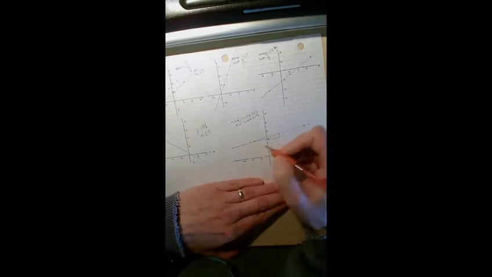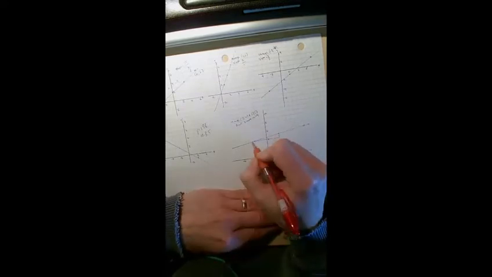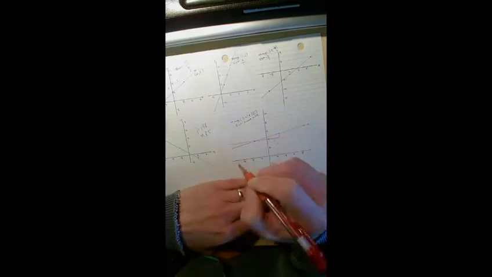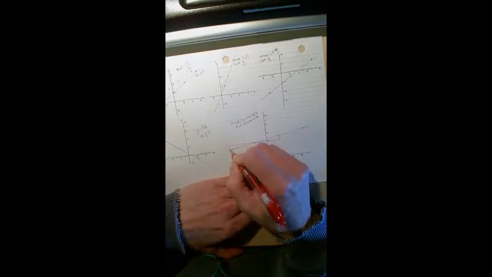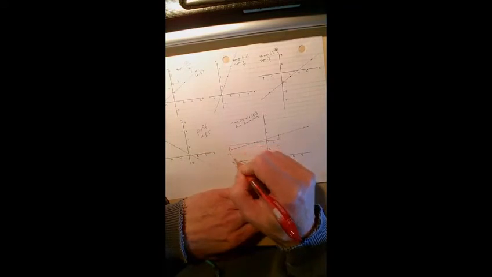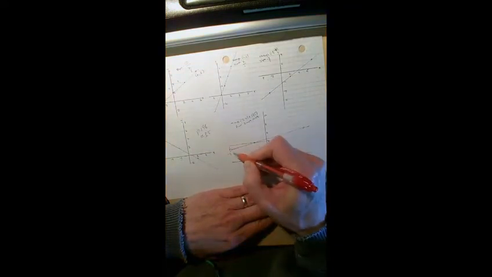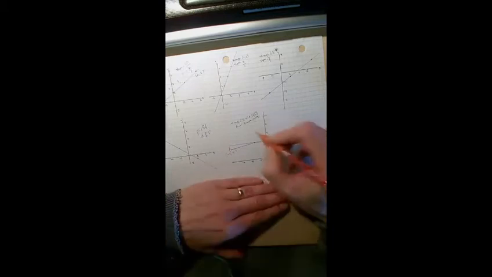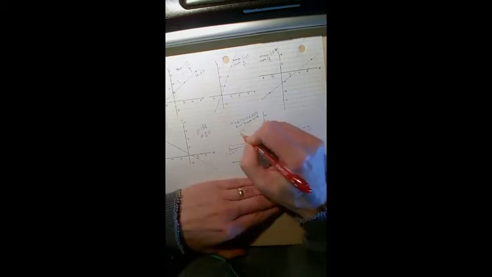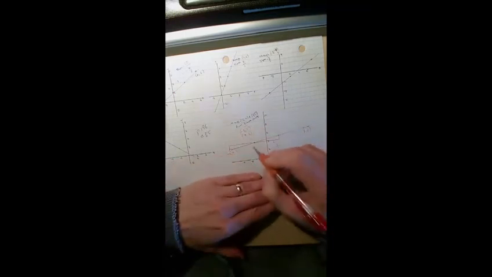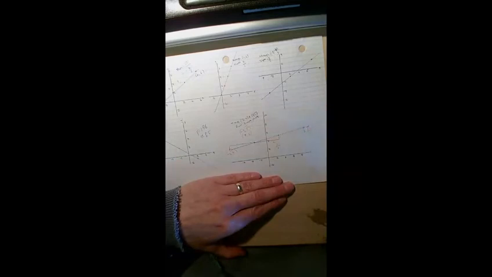And then from my first point, I'm going to go 1, 2, 3, 4, 5, 6 back and down 1. So that point is negative 9 and 3. And this point is 9 and 6. So now I found 2 more points, negative 9 and 3, and positive 9 and 6, just by using the slope and the pattern that the slope means for the line.